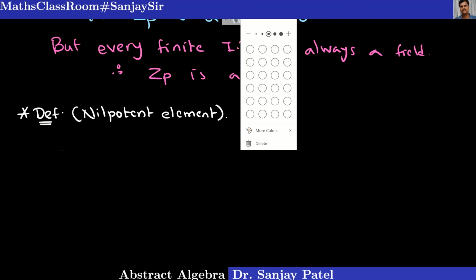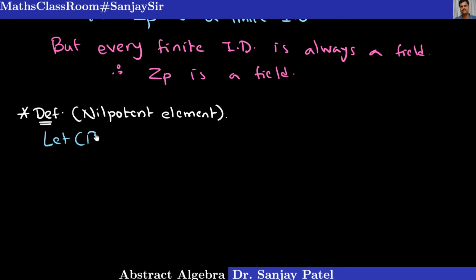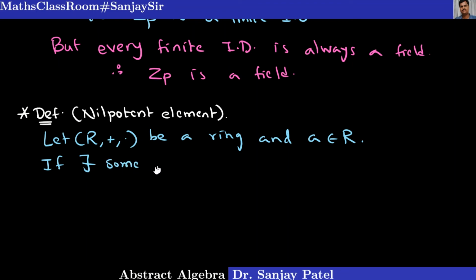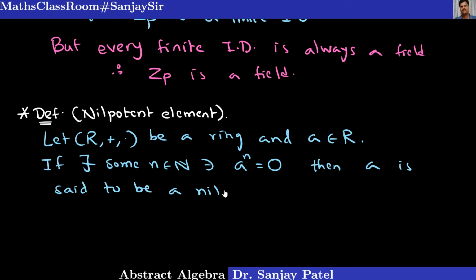Consider, let R, plus, dot be a ring and A an element of the ring R. If there exists some natural number n such that A raised to n is equal to the zero element of the ring, then A is said to be a nilpotent element of the ring R. So this is the definition of a nilpotent element.